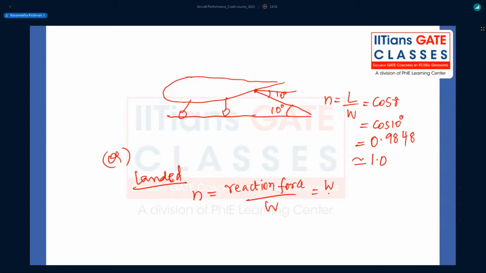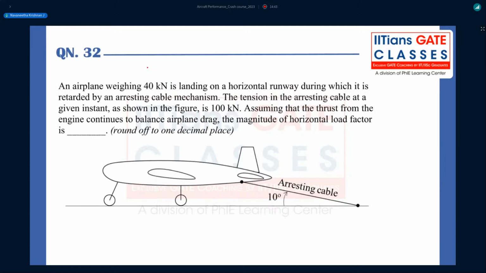The upward reaction force will also be weight. So it is weight by weight, and the load factor is again 1.0. If you consider both cases, the load factor is 1.0. So the answer is 1.